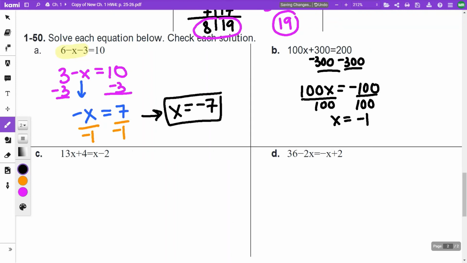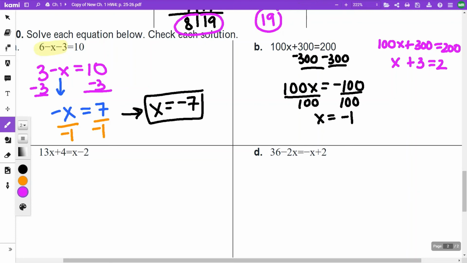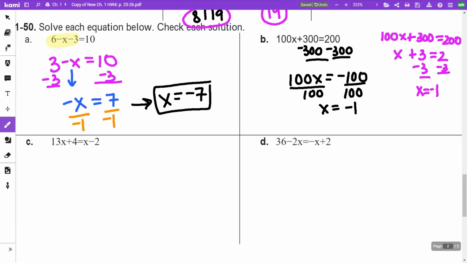Now, some of us might have noticed in this problem, when I have 100x plus 300 is equal to 200, I could really divide everything by 100, and this would be an x, this would be a 3, this would be a 2. Then I work it out, and you see I get the same answer, negative 1. Eventually, we're going to be doing problems like that.